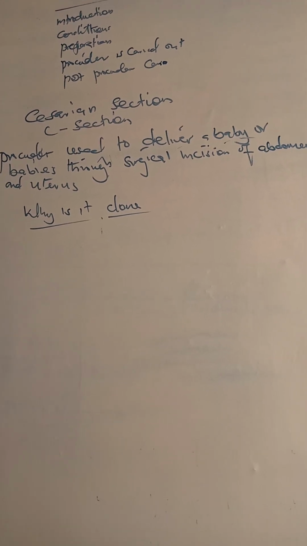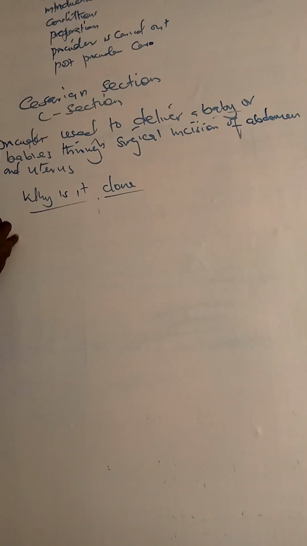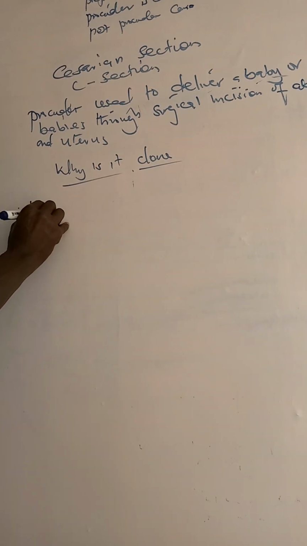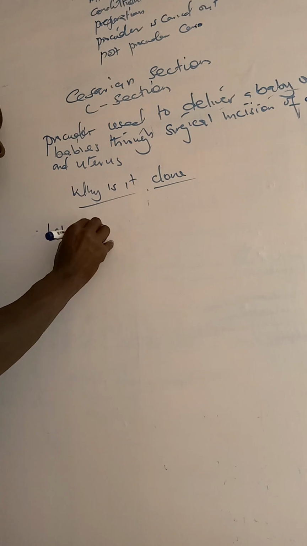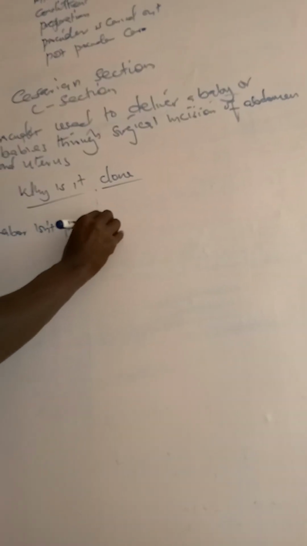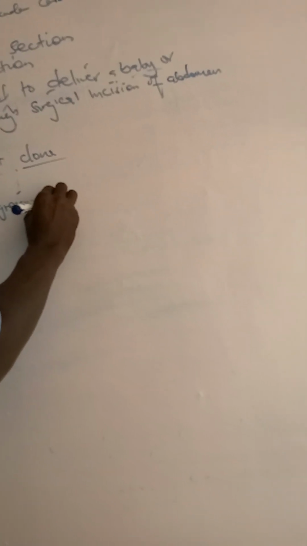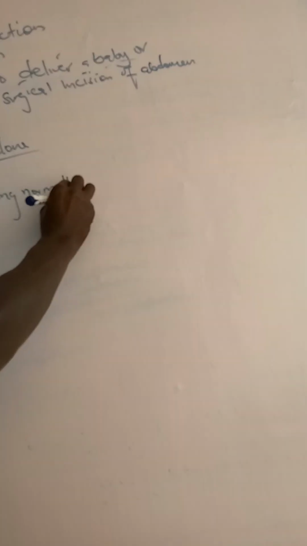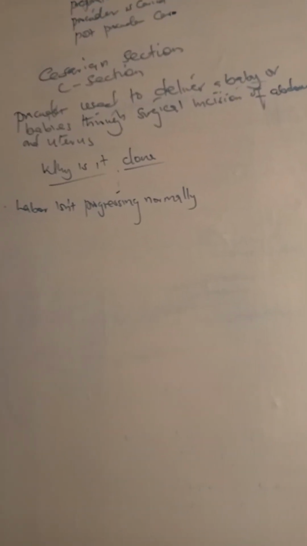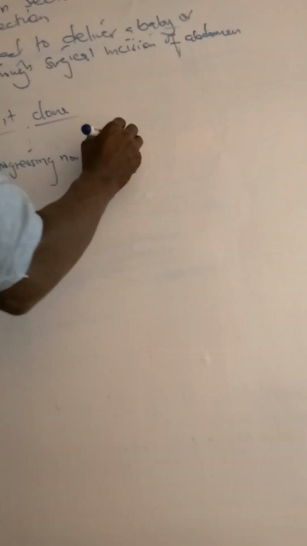A healthcare provider might recommend a C-section if, one, labor isn't progressing normally. When the labor is not progressing normally, we can also call it labor dystocia.